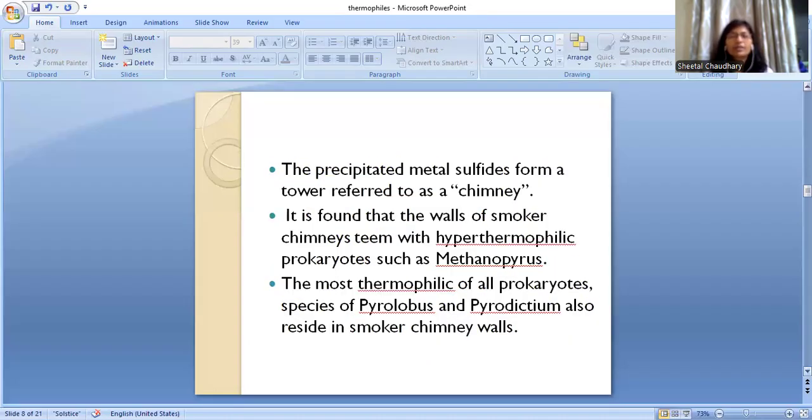The precipitated metal sulfide forms a tower referred to as a chimney. The walls of the smoker chimney teem with hyperthermophilic prokaryotes such as Methanopyrus. The most thermophilic of all prokaryote species, Pyrolobus and Pyrodictium, also reside in smoker chimney walls.